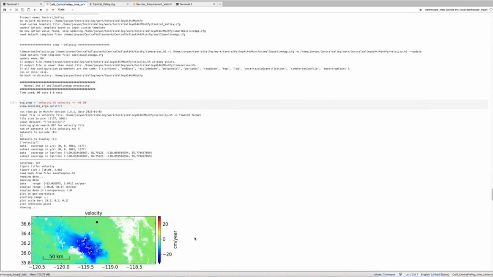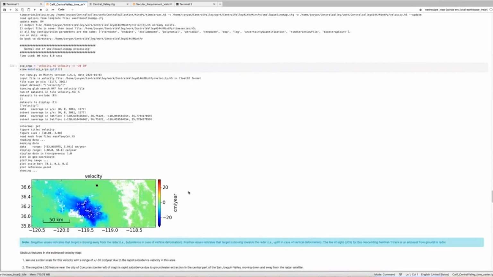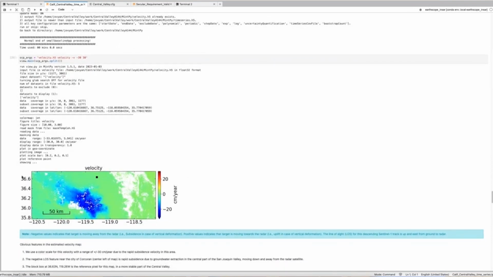In this case, we're calculating the velocity over the year of 2018. And then in this next plot here, we plot the measured velocity. This black square here is the reference point. So all these velocities are relative to this reference point.